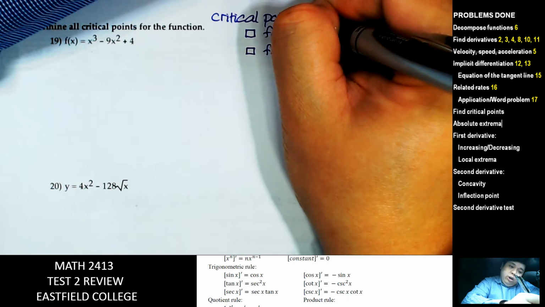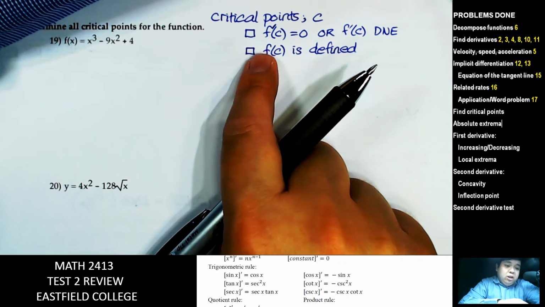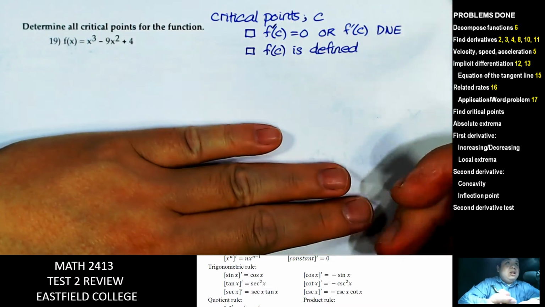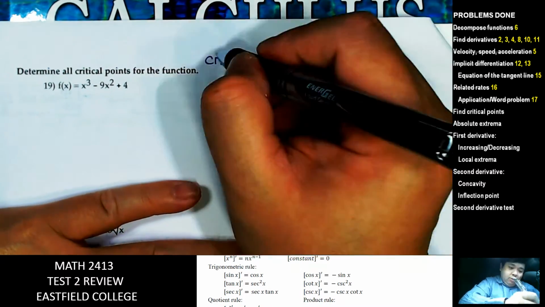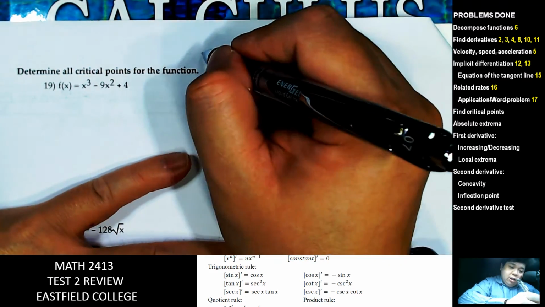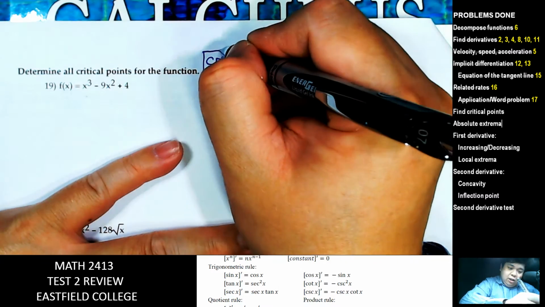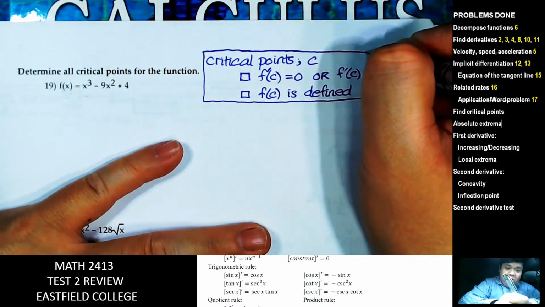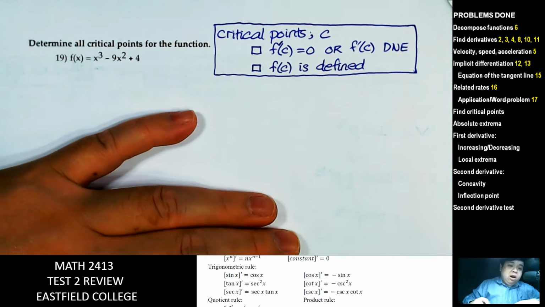So a critical point c is where the derivative is equal to 0 or does not exist, but the original function has to be defined at the point.